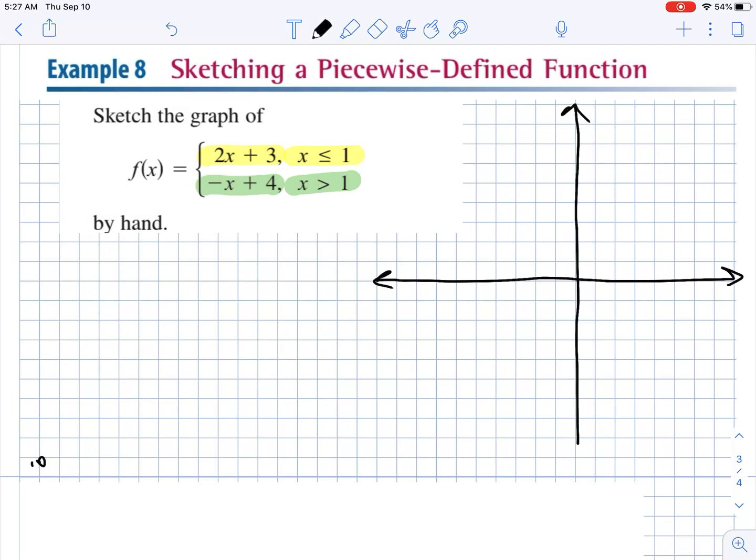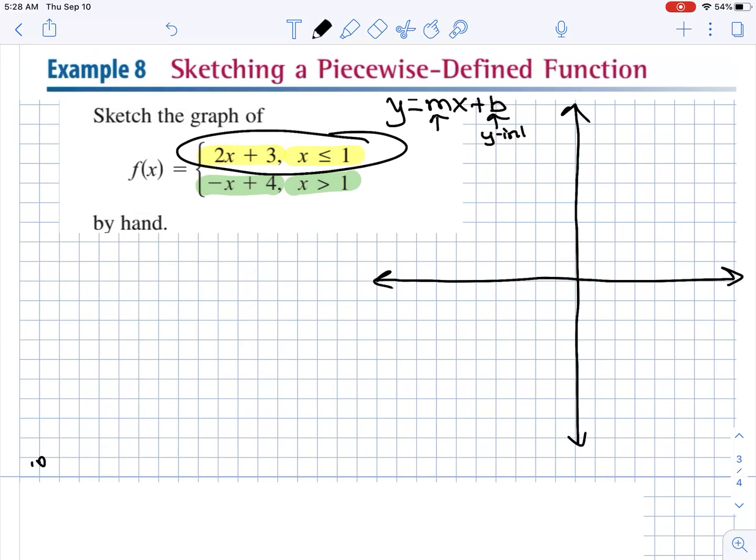So I would suggest graph this top one like you normally would, but have your eraser ready, okay? So remember, we have y equals mx plus b, where m is your slope and b is your y-intercept.